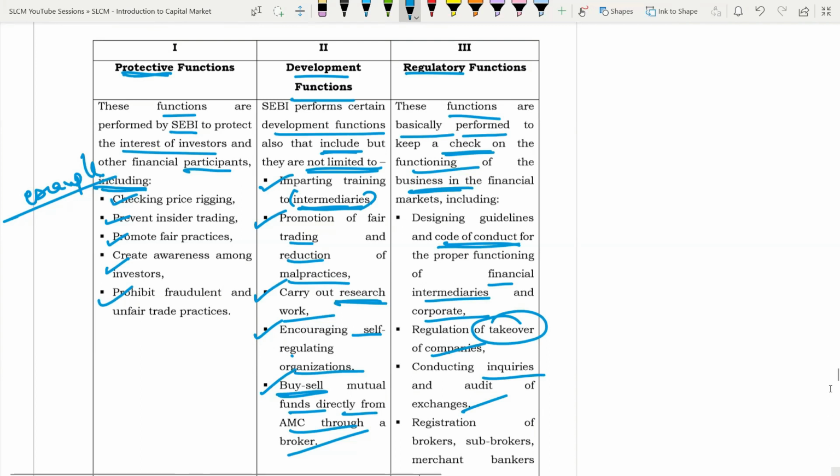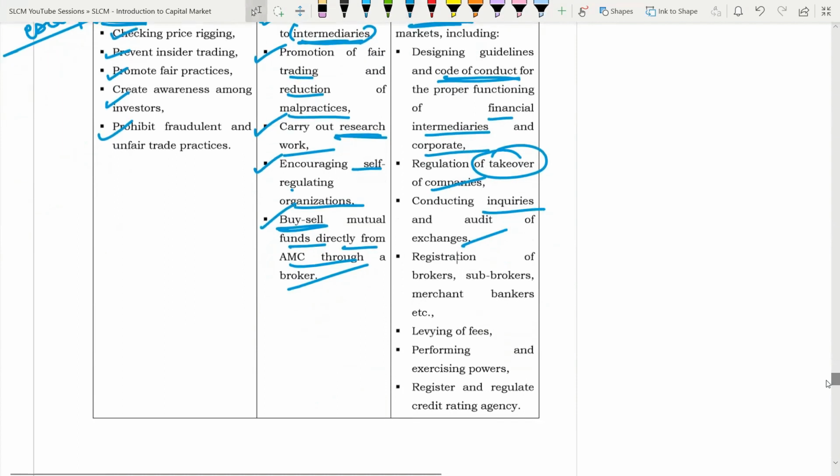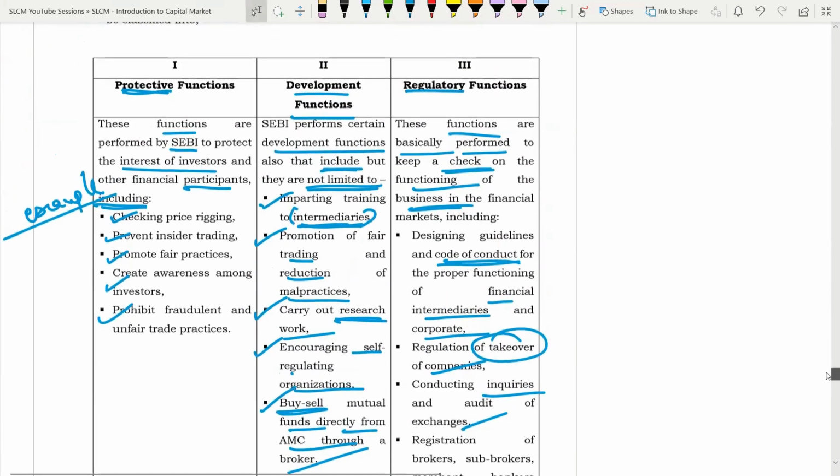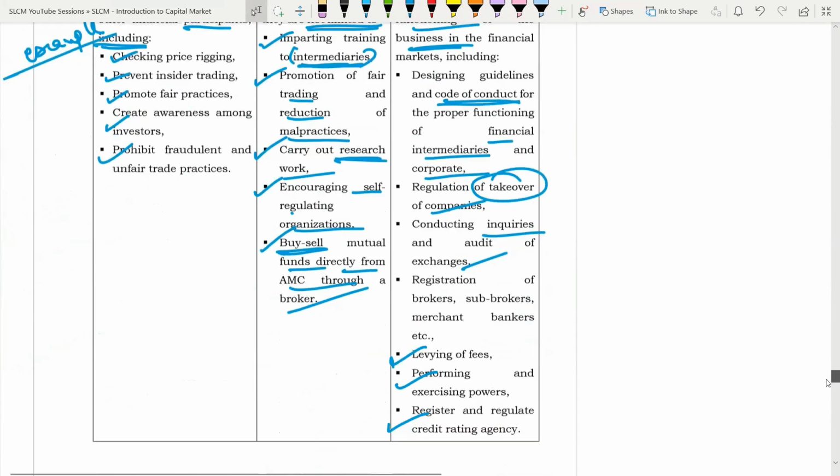We have various registration requirements for all the intermediaries: brokers, merchant bankers, depositories, levying of fees, exercising of any other powers, and registering and regulating the credit rating agencies. These are all the regulatory functions of the board. Like I've already mentioned, these are examples of how these can be fulfilled.